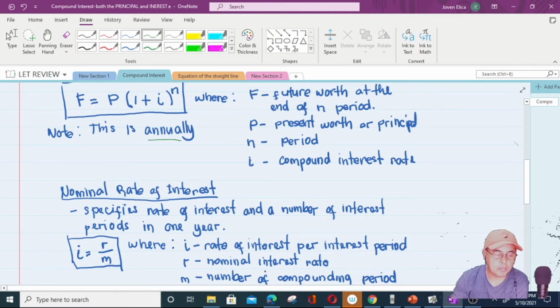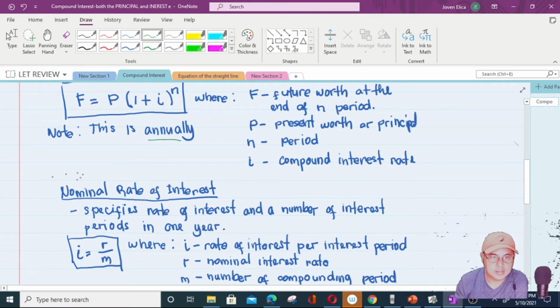When we say compounding period, there are interests that are compounding within the period of 1 year, and that is called the compounding period M. And R is the nominal interest rate within that compounding period. I is the rate of interest per interest period.